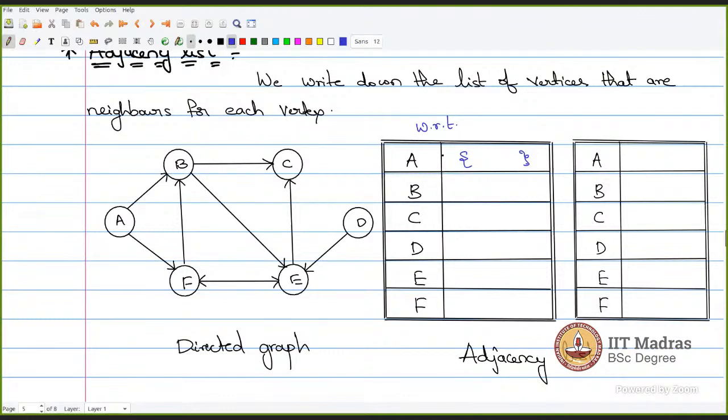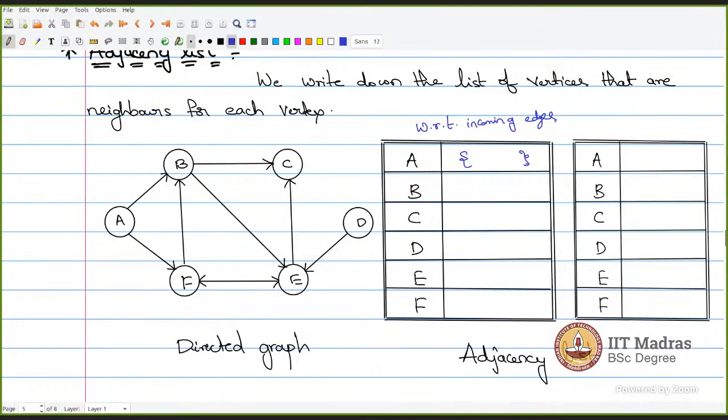With respect to incoming edges, if there is an incoming edge to this vertex A, we will find out the vertex which is being sent by.